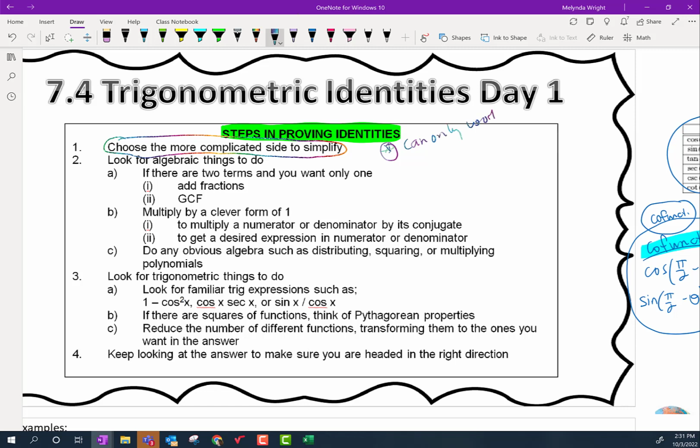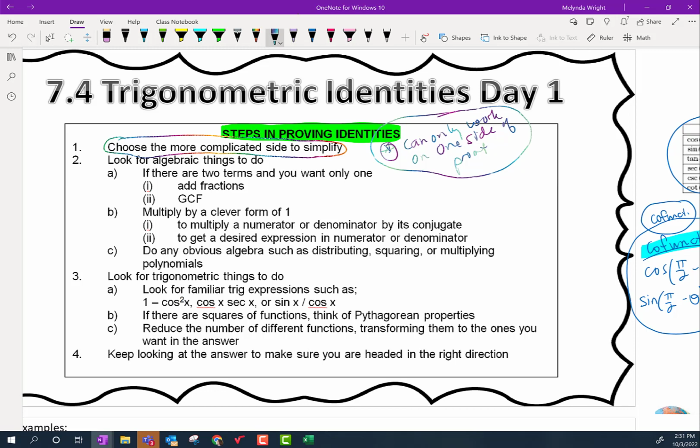work on one side of the proof. Period. Only. I've told my students this for many, many years, and 95% of them follow it and understand it. There's about 5% that just try to work both sides at the same time. You cannot do that.